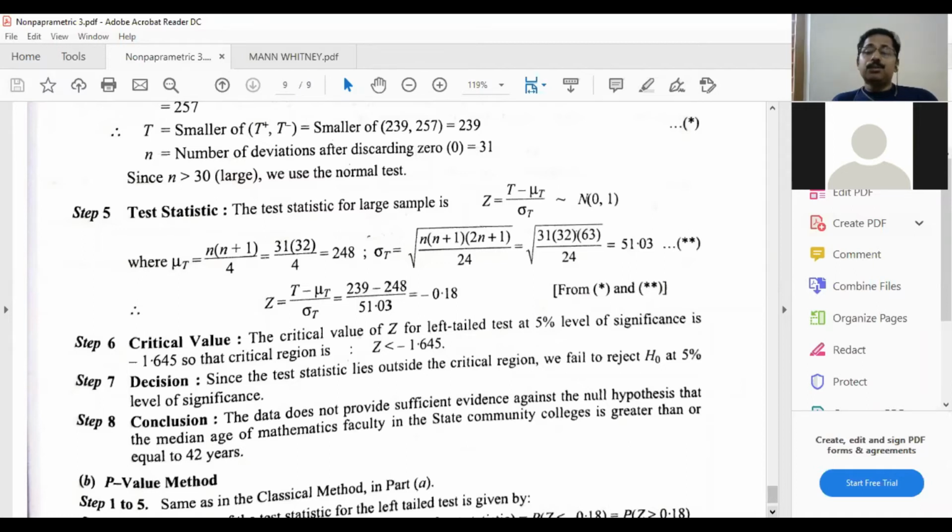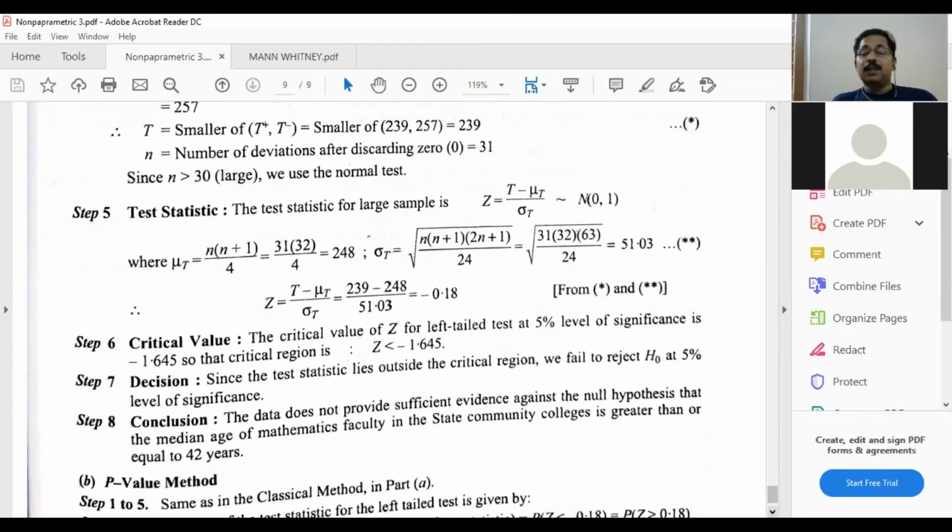Now we use the critical value. That value will be obtained from the standard normal table. Here Z is our assumption. You check your alternative hypothesis. You can see that this is left tail. Alternative is left because we are using less than or equal to inequality.